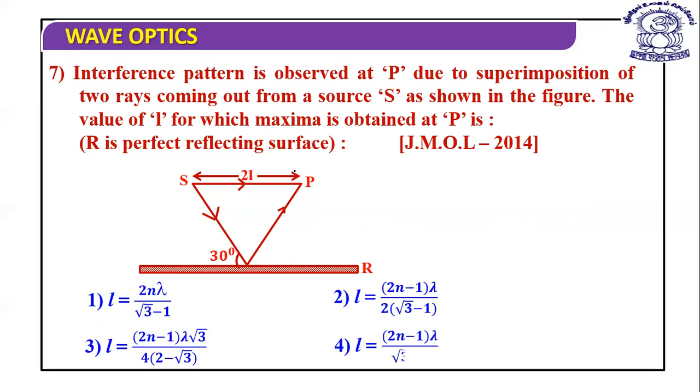Here, two rays are reaching to point P and they will have some path difference. The path difference should be a multiple of (2n minus 1) lambda by 2.